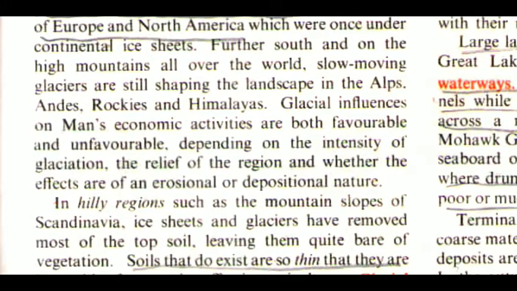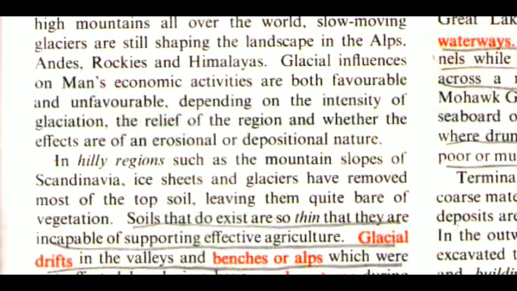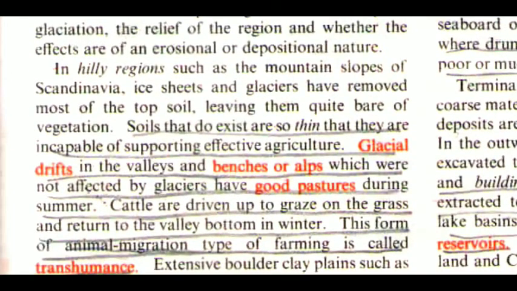Glacial influences on man's economic activities are both favorable and unfavorable, depending on the intensity of glaciation, the relief of the region, and whether the effects are of an erosional or depositional nature. In hilly regions, such as the mountain slopes of Scandinavia, ice sheets and glaciers have removed most of the topsoil, leaving them quite bare of vegetation. Soils that do exist are so thin that they are incapable of supporting effective agriculture.